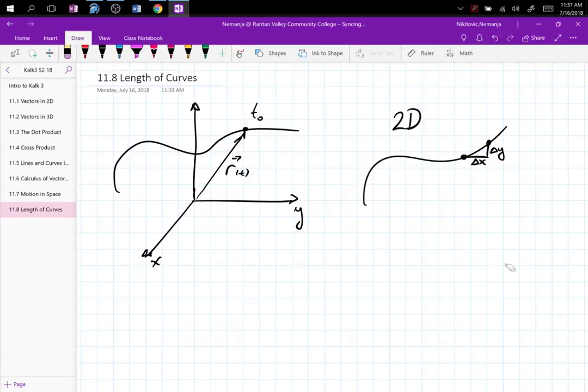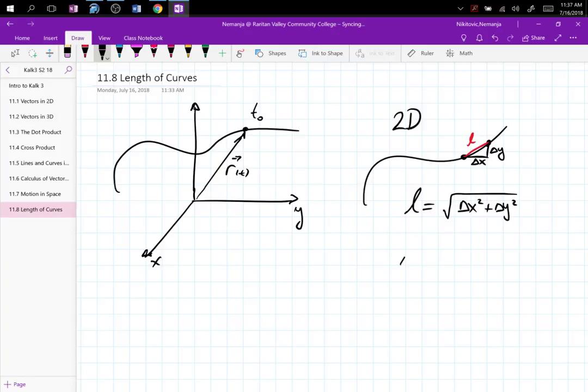This arc length here is not the same as the curved length, so we'll call this lowercase l. If you solve for this lowercase l, l is equal to the square root of delta x squared plus delta y squared.